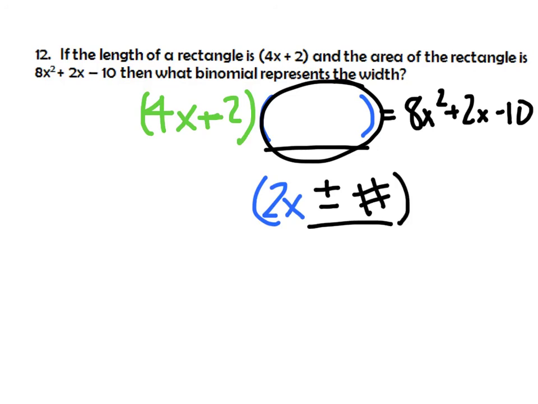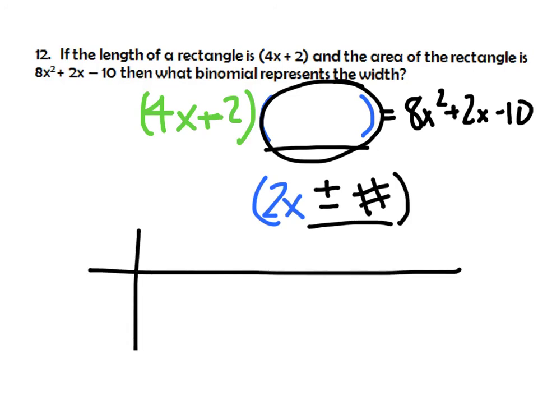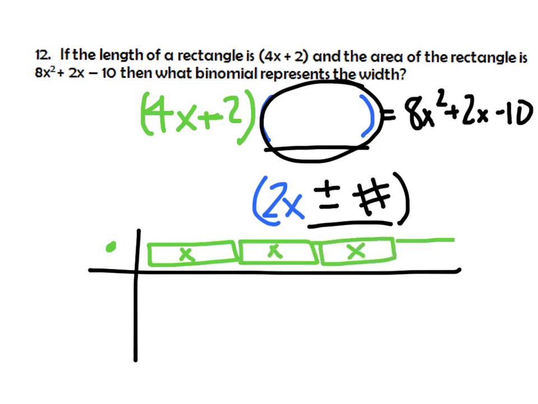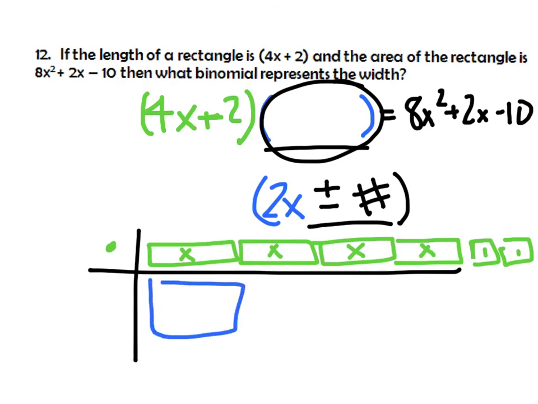So you can do guess and check, or you can set up your algebra tiles, and you know that one of the outsides has 1, 2, 3, 4 x's, and then 1, 2. And then you know the inside has 8x squared, so that's 8 of these big squares that you have to have.